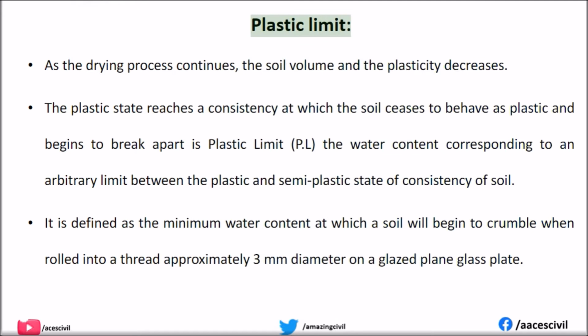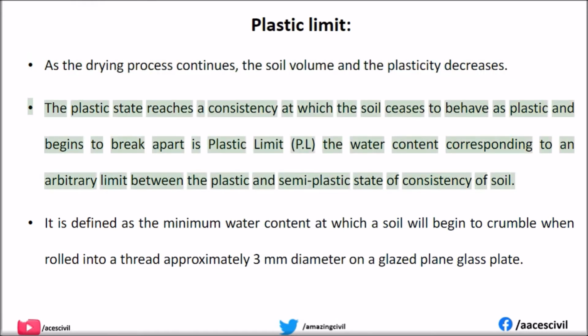Plastic limit. As the drying process continues, the soil volume and the plasticity decrease. The plastic state reaches a consistency at which the soil ceases to behave as plastic and begins to break apart.